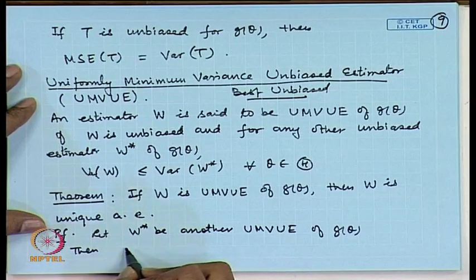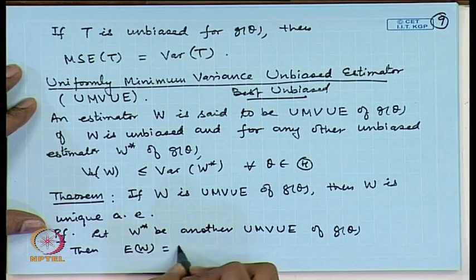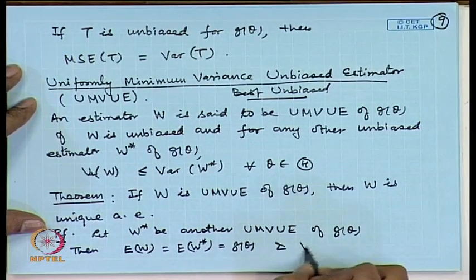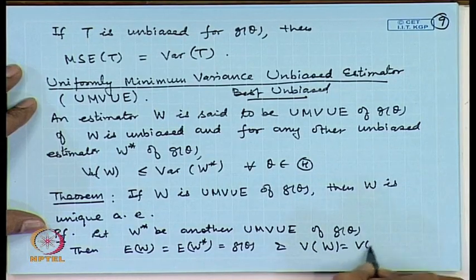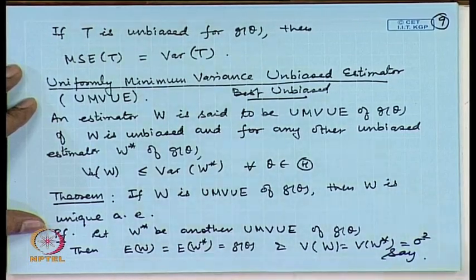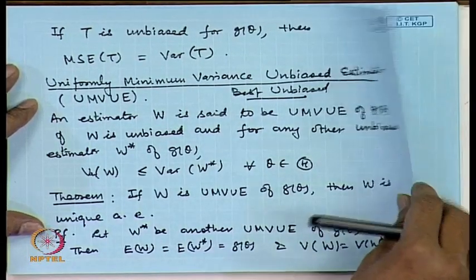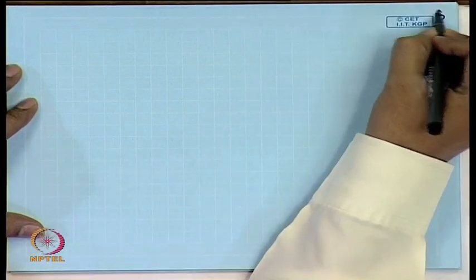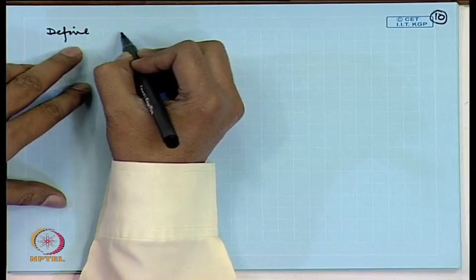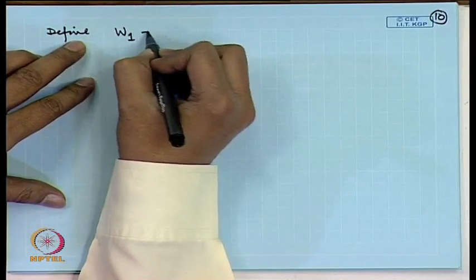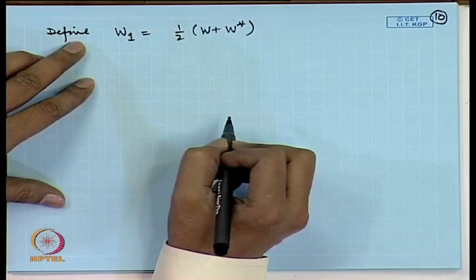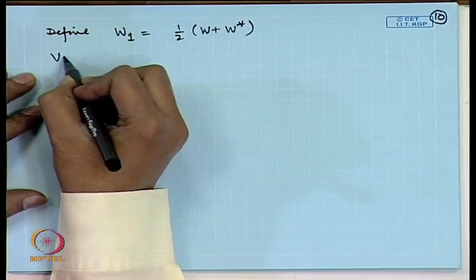Then by definition, expectation of W and W star both are same as g theta, and variance of W and variance of W star are also same. Let us call it say sigma square. Fine. Now, let me define W1 as half W plus W star. Then what is the variance of W1?